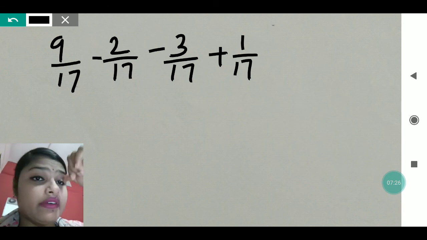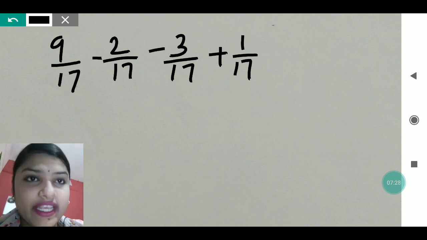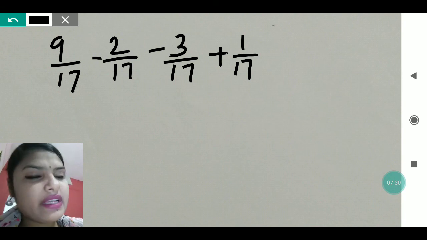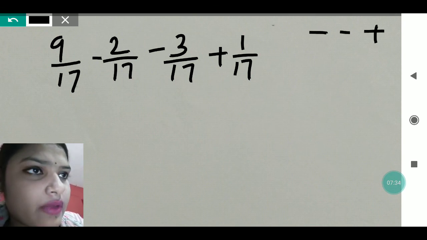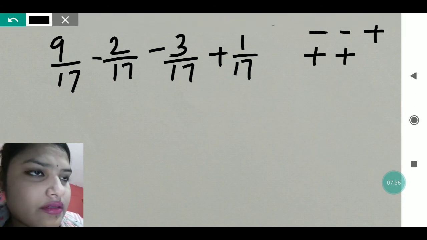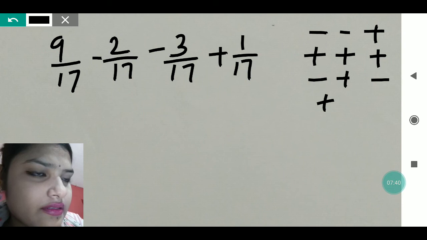Suppose this is the question given. The same rule is there. Two same sign numbers will be added. Two different signs will be subtracted.